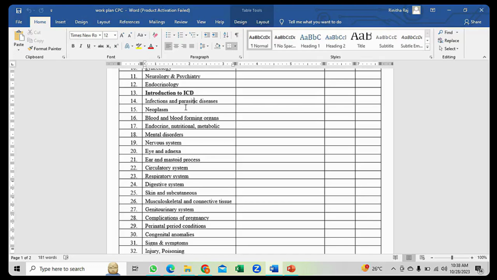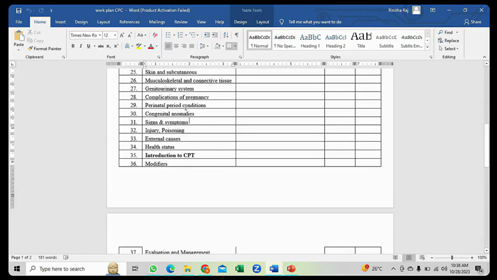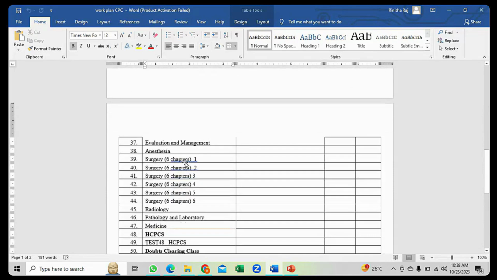After the 22 chapters, we will have the introduction to CPT, that is procedural coding, Current Procedural Terminology. For that, we will be using a certain set of modifiers, so we will be seeing what modifiers are. Then each section, the surgical section. The surgery section is divided into different anatomical portions.